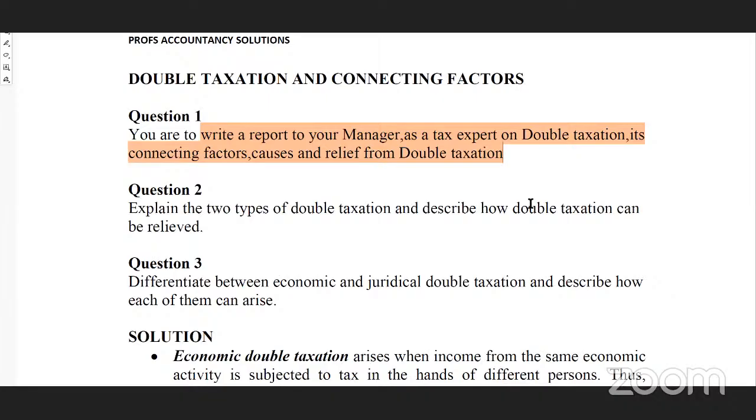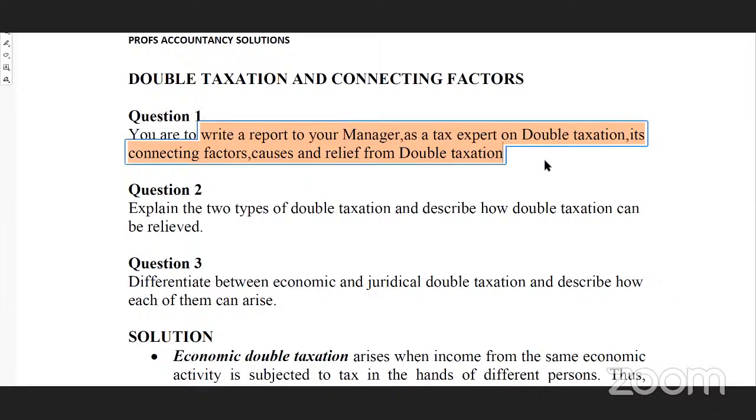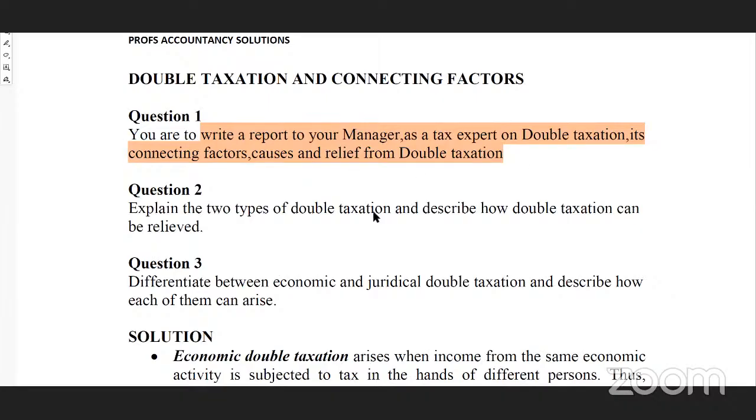What are the connecting factors that lead to double taxation? Residence principle and the source principle. Okay, what are the causes of double taxation? Residence conflict, source residence conflict, source conflict. And then relief. We are now looking at relief. And this is a full 20 marker.